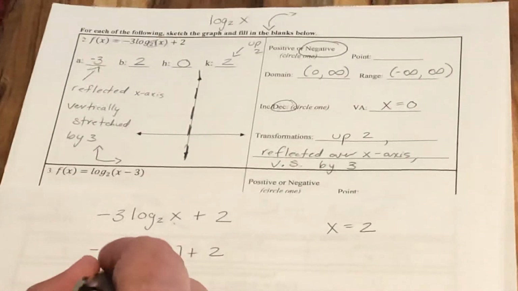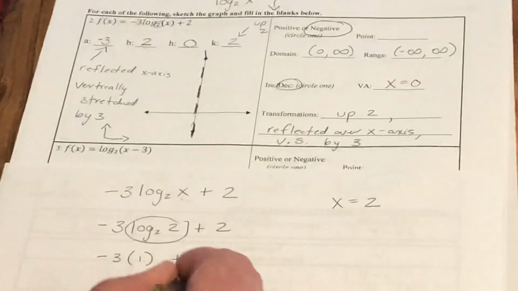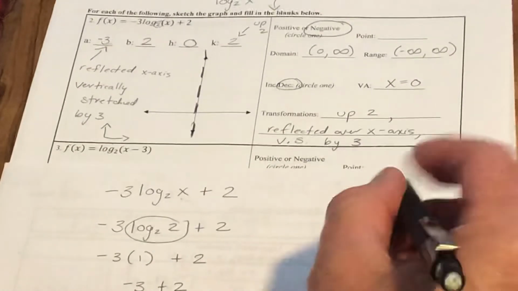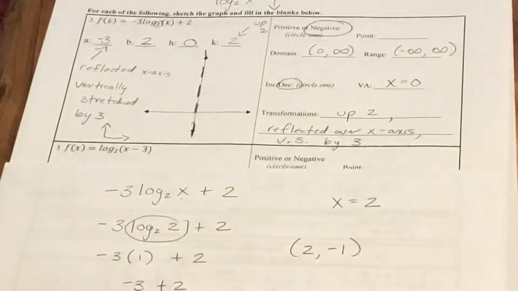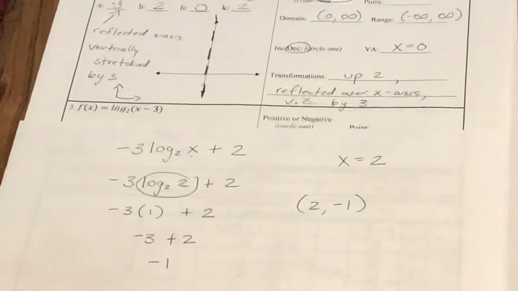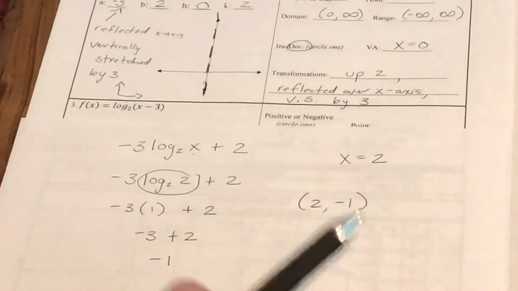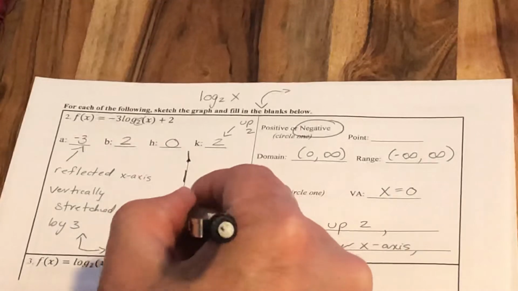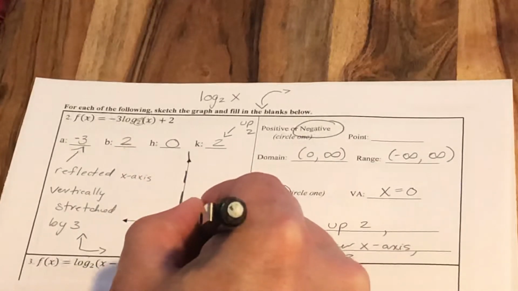So now I have -3 times 1 plus 2. -3 plus 2 is -1. So now I have x equals 2, y equals -1. Hopefully you guys got all of that. There we go. So I can plot that point (2, -1) into my graph, which would be 2, say 1, 2, negative 1.